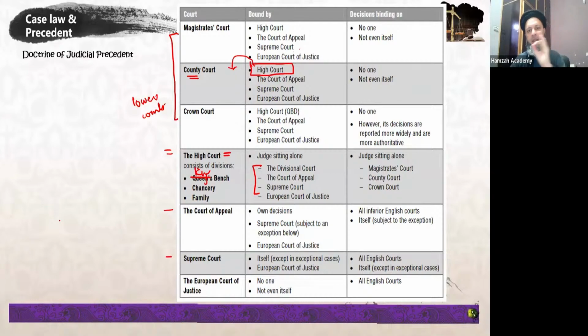So, binding precedent and persuasive precedent. Now, for binding precedent, you have understood that the lower court is bound to apply the same decisions of the higher courts, not just the High Court but all the higher courts, if the material facts of the case are the same. But sometimes a case is in front of a judge and there is no binding precedent for that particular case.